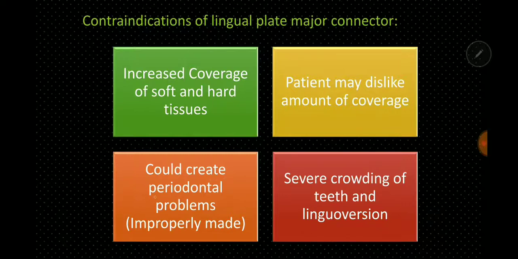And if there's a possibility of creating periodontal problems, if made improperly, if you make a mistake and introduce periodontal issues, then that's a reason to avoid a lingual plate. And if there is severe crowding of teeth, then the lingual plate is not possible. So make sure you know the indications and contraindications.